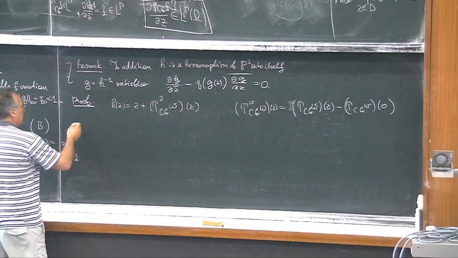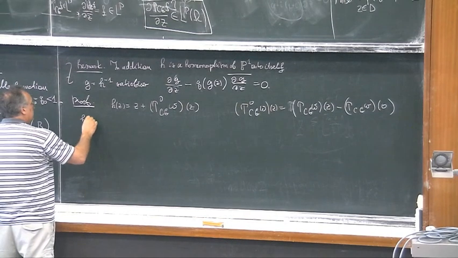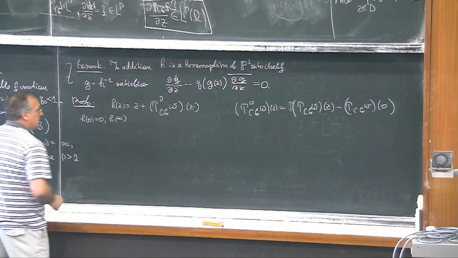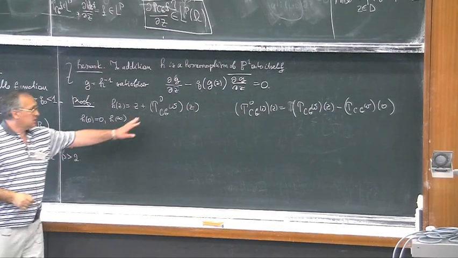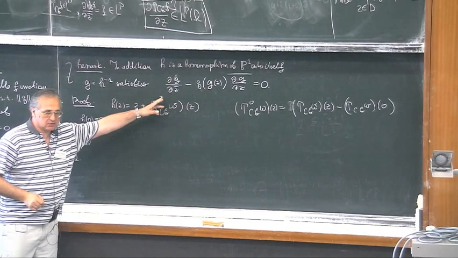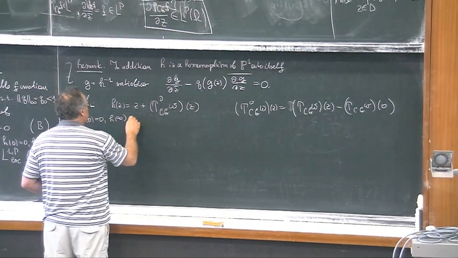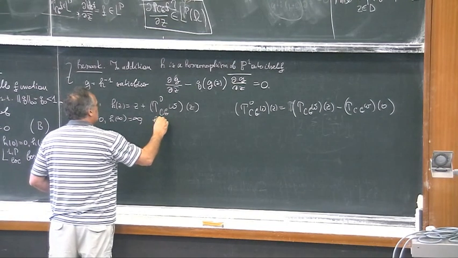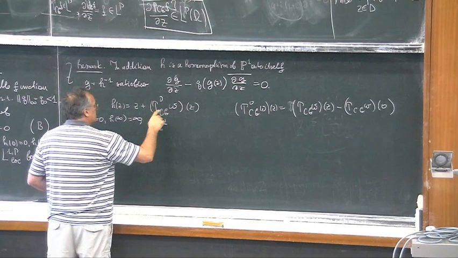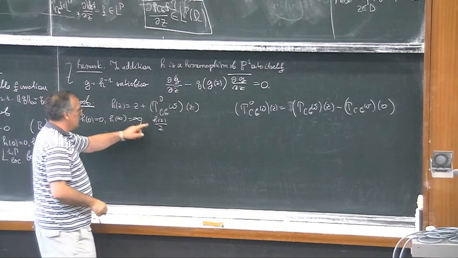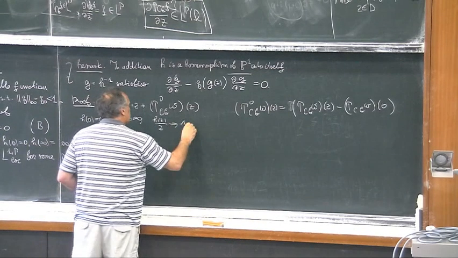Okay. Now we obviously have that h of 0 is 0. At infinity, this term disappears because it's an integral of 1 over xi minus z. And h of z divided by z, this term disappears, and z over z converges to 1.